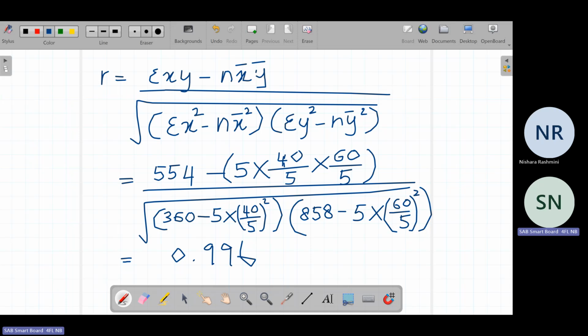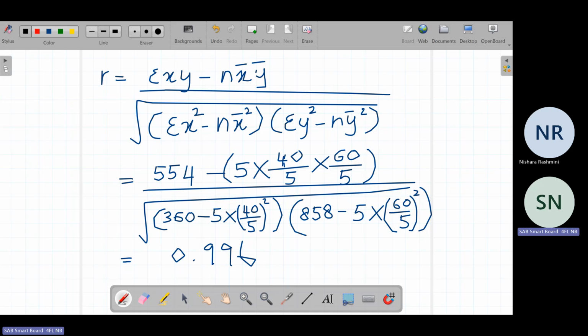Is there 0.996? Then based on that, write down the decision. Then here we can say plus value, it means positive relationship is there.